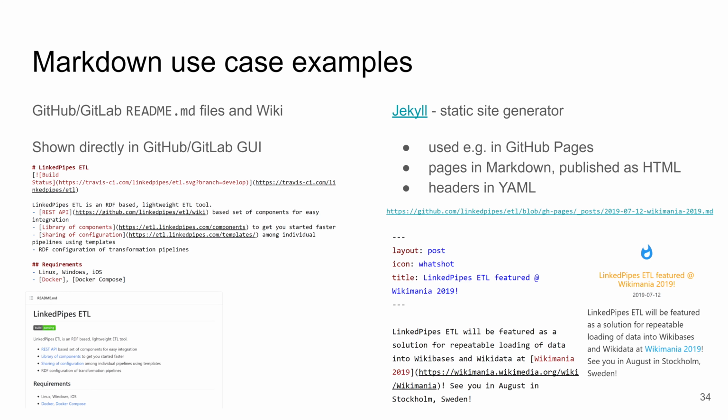Another use case is Jekyll, a static site generator. This means that you write your websites in Markdown, then you call Jekyll, it translates all the Markdown or HTML into rendered HTML static files, and those static files get published on a web server and served as static files. It has its advantages.